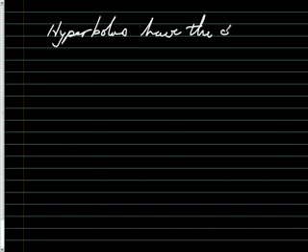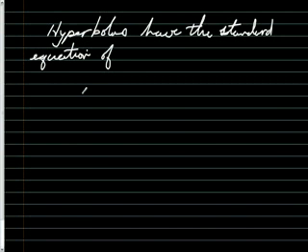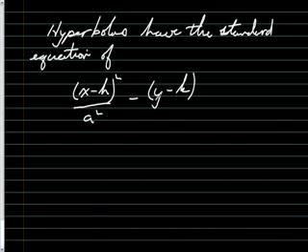So typically, hyperbolas have the standard equation of x minus h squared over a squared minus y minus k squared over b squared equaling 1.